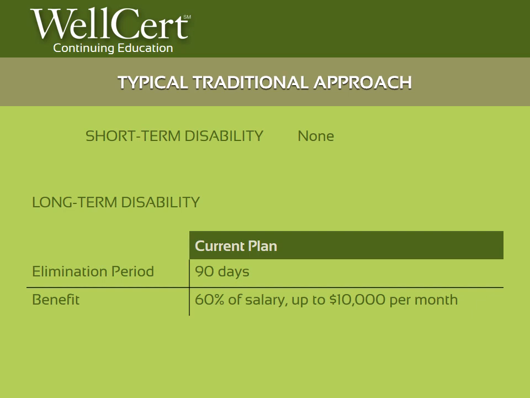And that means, by the way, that there's very few people in the workforce that have emergency set-asides that would cover 3 months of their salary. So you can appreciate the dilemma that we have when we use this more traditional approach to providing long-term disability coverage.